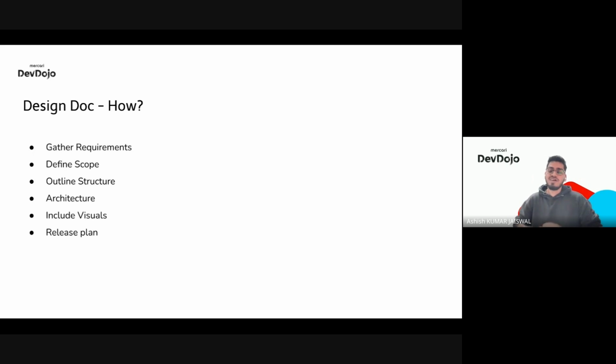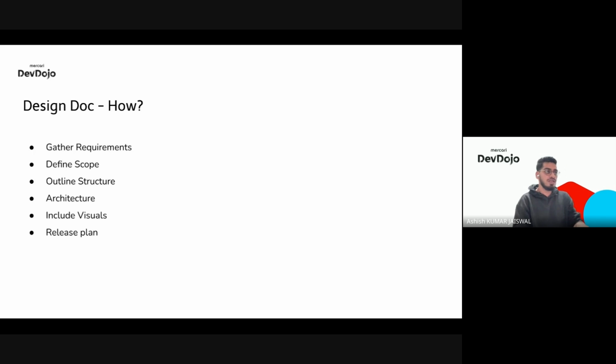The second thing is defining the scope. It's very necessary to have a clear picture, and clarify what exactly is going to be the scope of this feature, and what is going to be out of the scope of this feature. The third thing is outlining the structure.